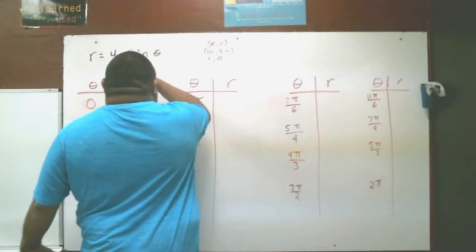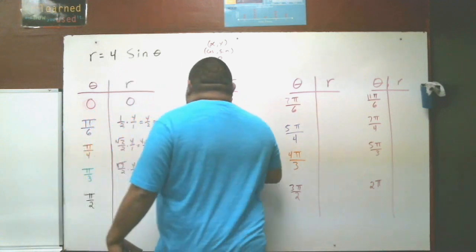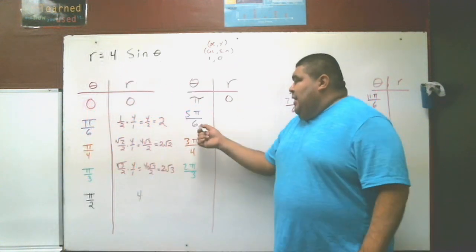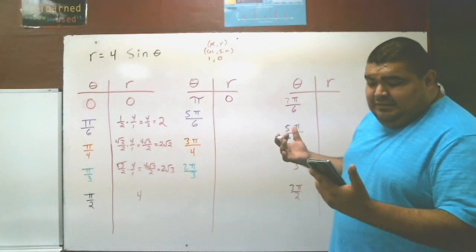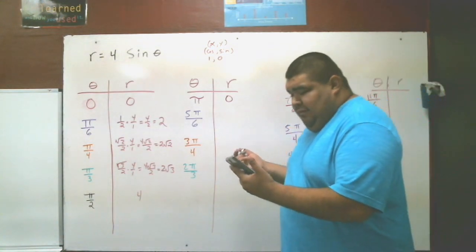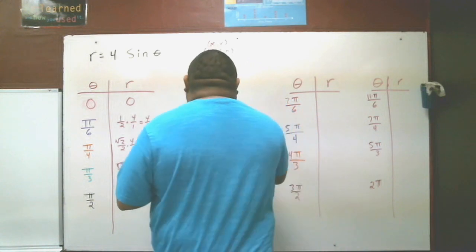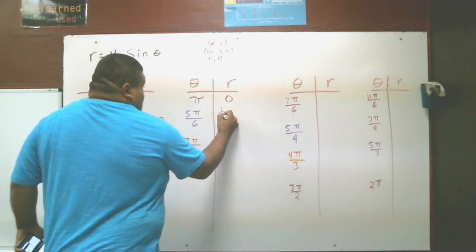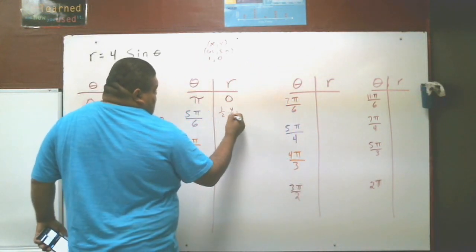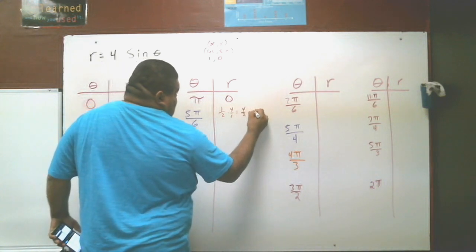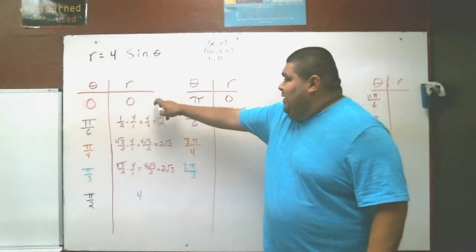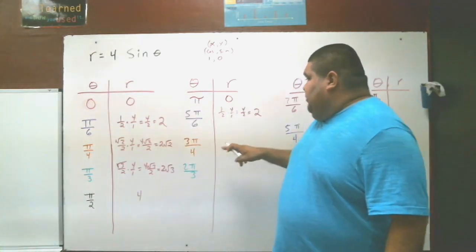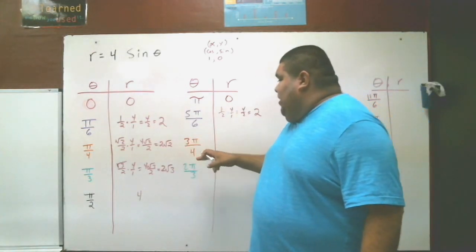So again, 0 times 4 is 0. 5 pi over 6, this time it's still positive. So 5 pi over 6, we have 1/2. So again, 1/2 times 4 over 1 equals 4 over 2, which is 2. So notice how the pattern keeps repeating. We have 0, 0, 2, 2.